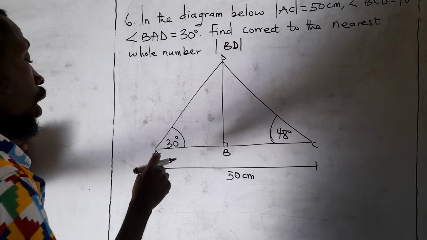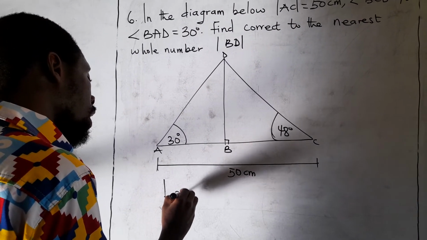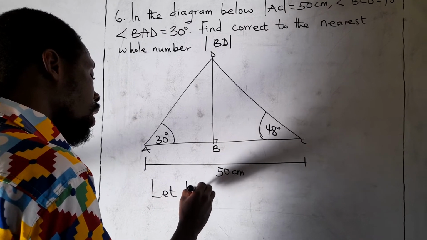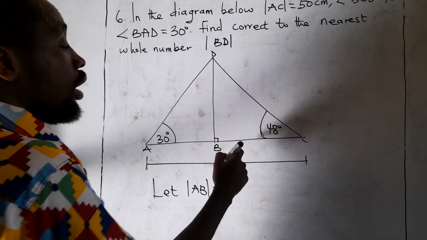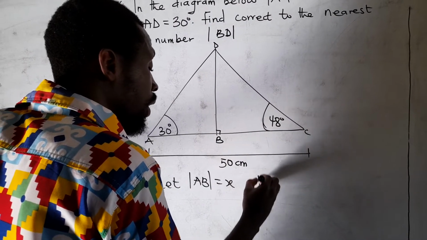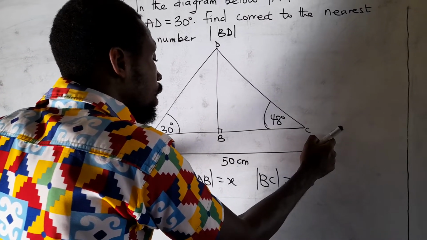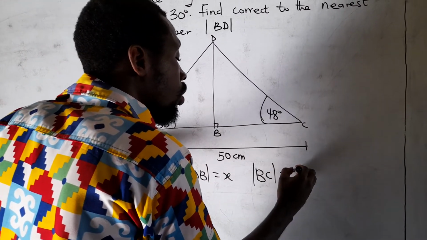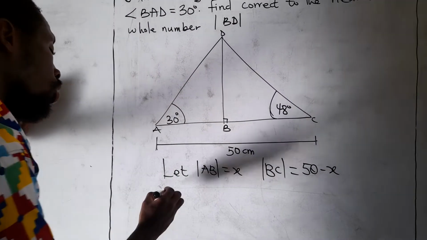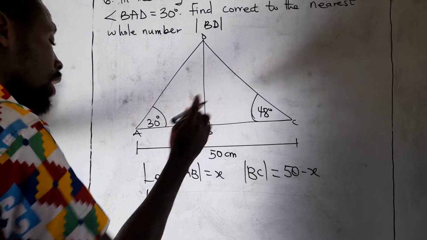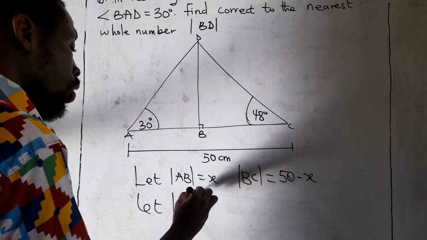If I let the side AB be equal to X, then I can say that this side, BC, will be equal to AC minus AB. So that will be 50 minus X. Also, I'll let BD be the height, so BD should be equal to H.